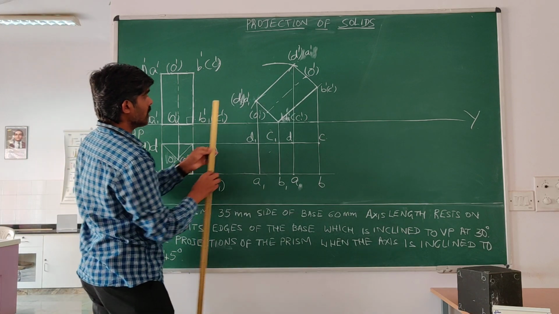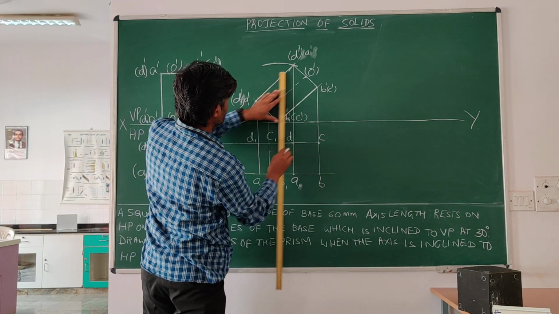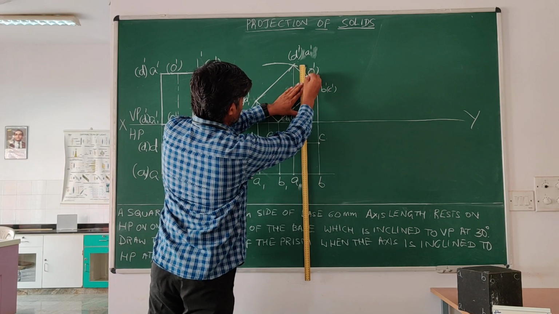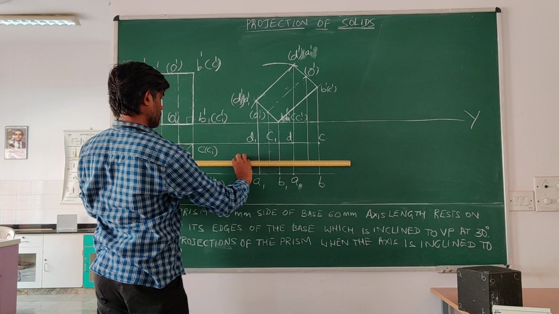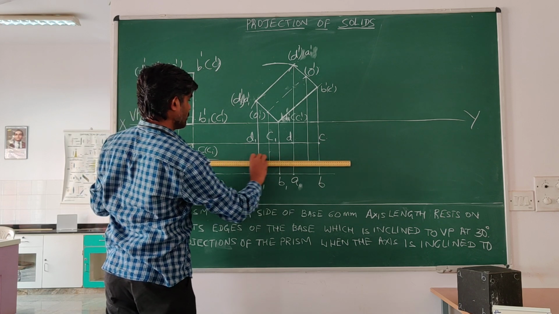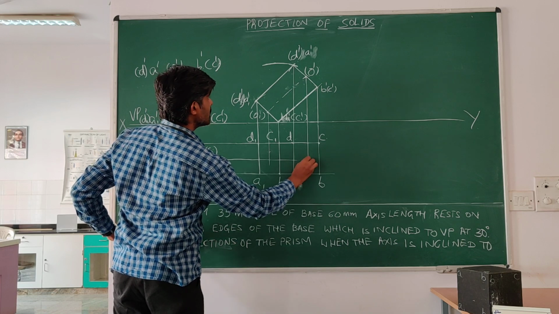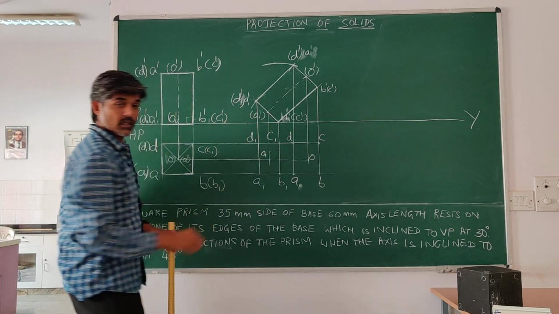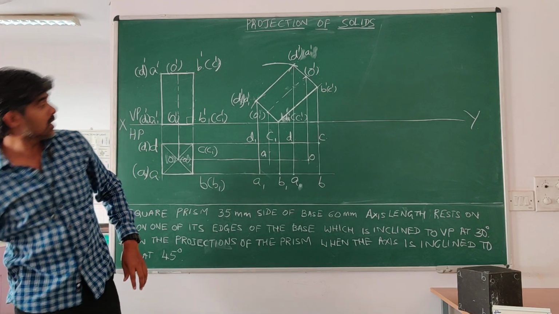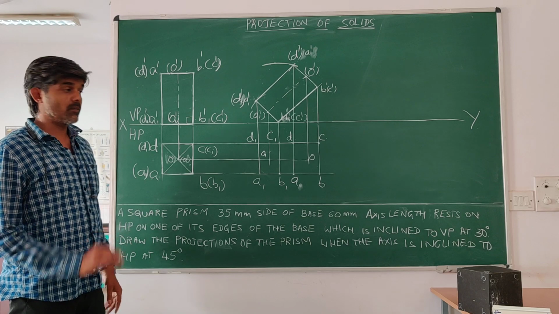Now, if you want, you can also draw this is O, this is O1. Now we have got the projection points. Now we need to join them.